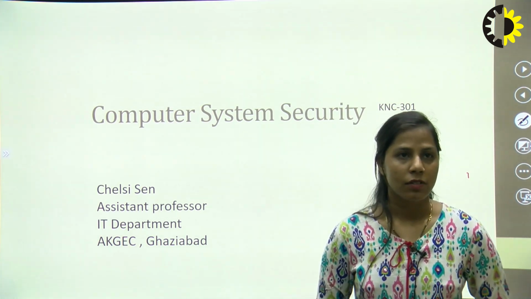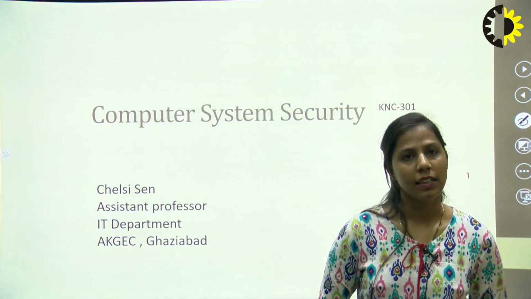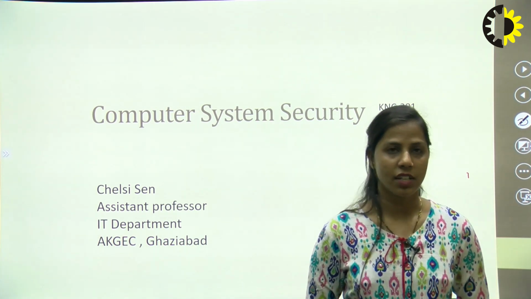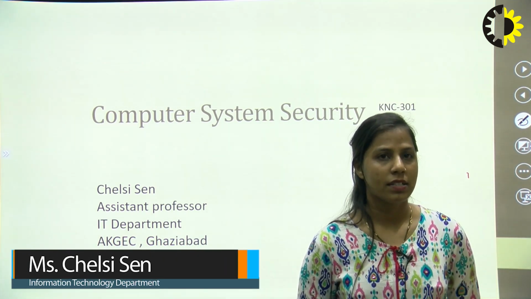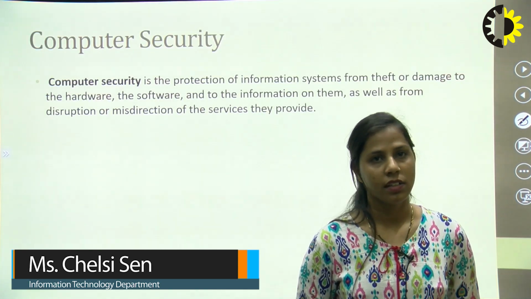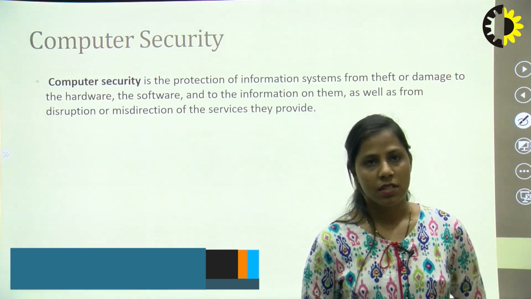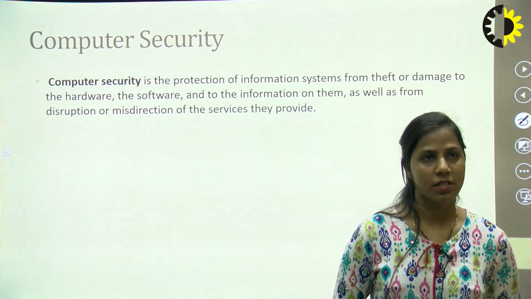Today we will discuss computer system security, and in that we will discuss the different security mechanisms, security attacks, and various policies involved in cryptography. What is computer system security?